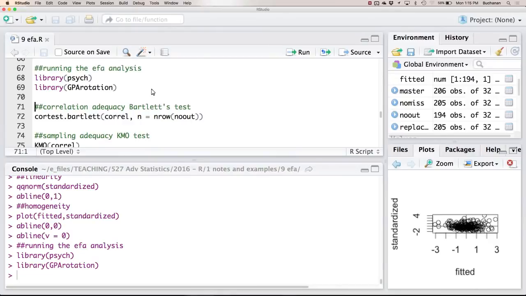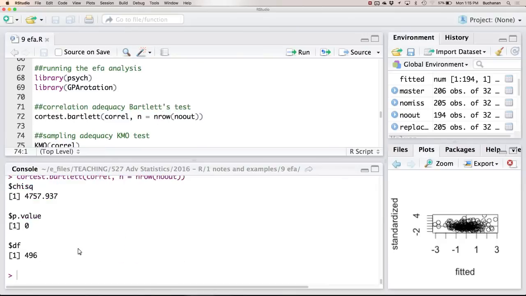All right. So if you've done your data screening, you have this correlation data set, the correlation table, making sure it didn't have any ones in it. The function is cortest.bartlett. It's the correlation table, comma, the number of observations. So what that gives you is chi-square.